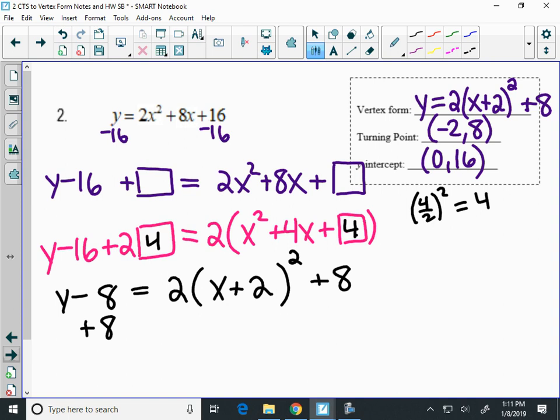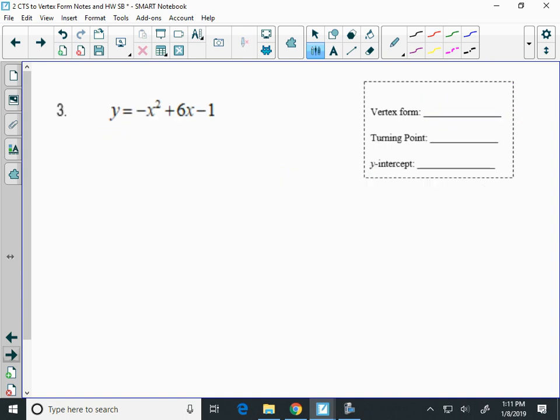All right, let's do one more. Let's do number 3. It's going to look a lot cleaner and a lot shorter. Now that we kind of know what's going to happen, we don't have to write as much. So we're going to start by moving the 1 to the left. So we'll have y plus 1. Now we know we're going to have a box, right?